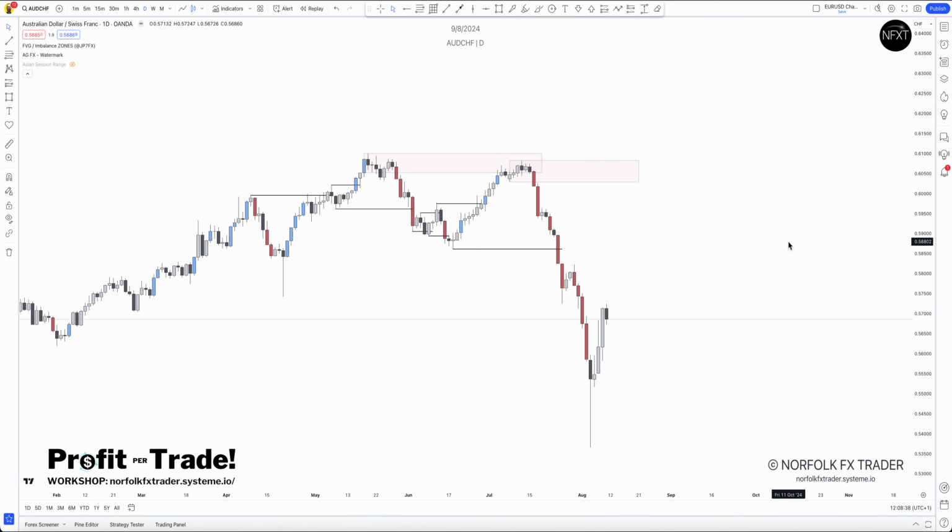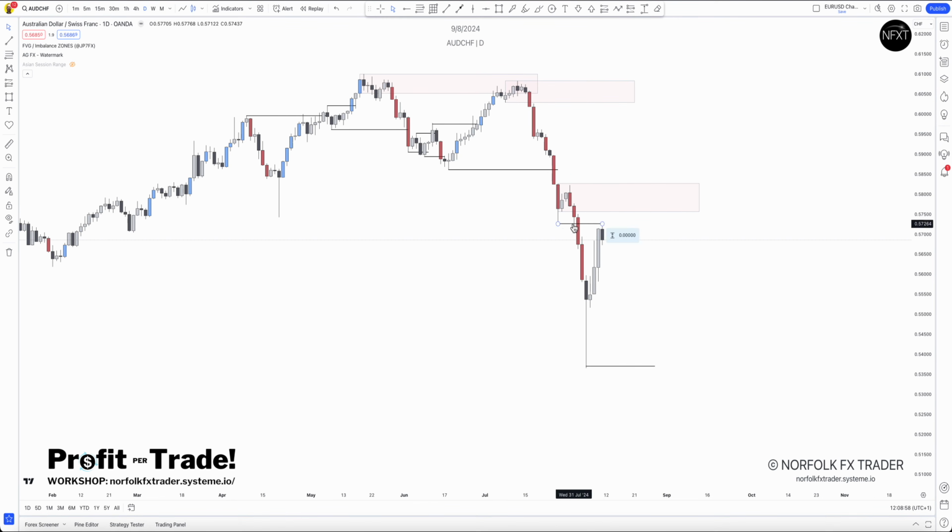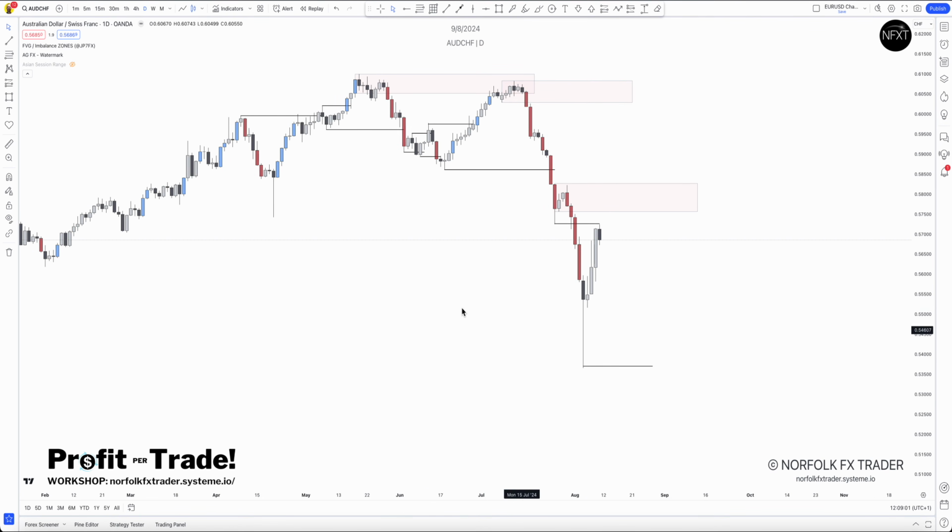So the continuation of price, we drop down, we break structure here. What does that create? A new supply. We drop down, we create a new swing low, and you can see price is pulling back towards testing this breakout point, filling this imbalance that could push price lower from here.